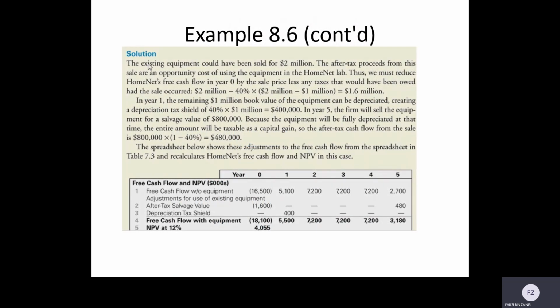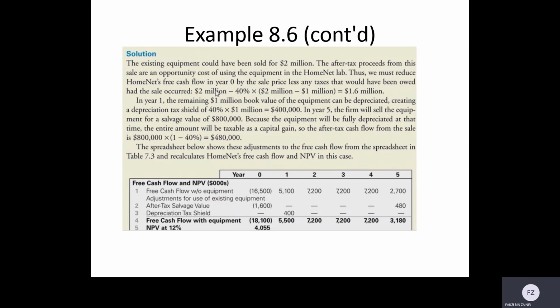Let's look at the entire solution here. As we read it, the existing equipment could have been sold for $2 million. The after-tax proceeds from this sale are an opportunity cost of using the equipment in the HomeNet lab. Thus, we reduce HomeNet's free cash flow in year 0 by the sale price less any taxes that would have been owed had the sale occurred, which is 2 million minus 40% times (2 million minus 1 million), which is 1.6 million.